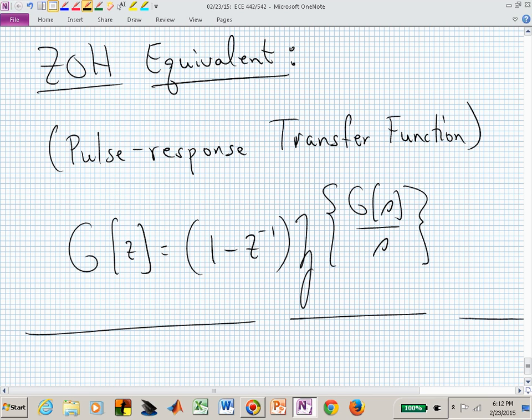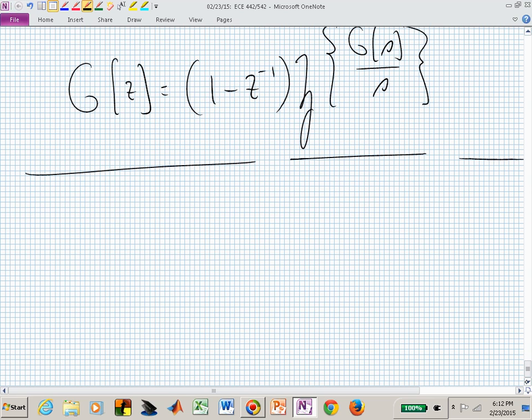Let's try to find a G of Z for a very simple G of S. And we'll do more than just crawl, hopefully. So I'll say examples of zero-order hold equivalents.